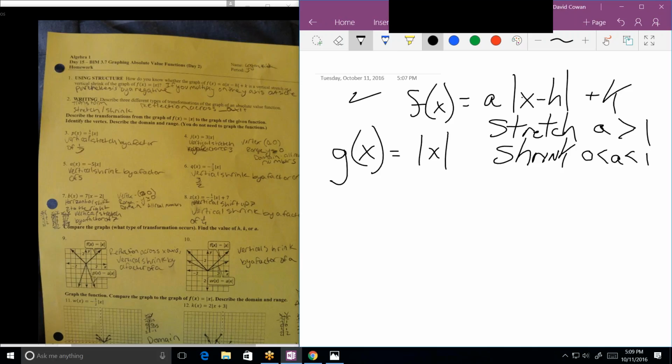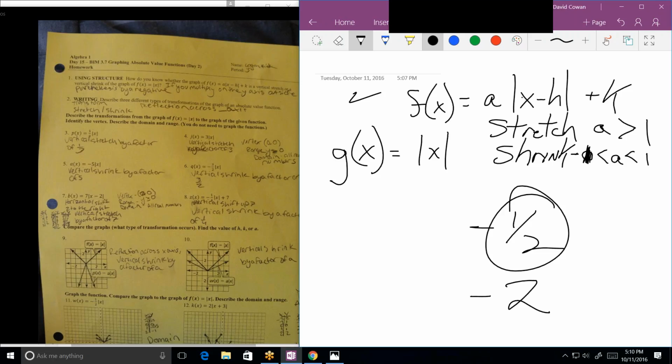Actually, to be more specific, it's a between minus 1 and 1. In other words, if a was minus 1/2, that'd be a shrink. If a was minus 2, that'd be a stretch. But anything where a is between minus 1 and 1 is going to be a shrink.